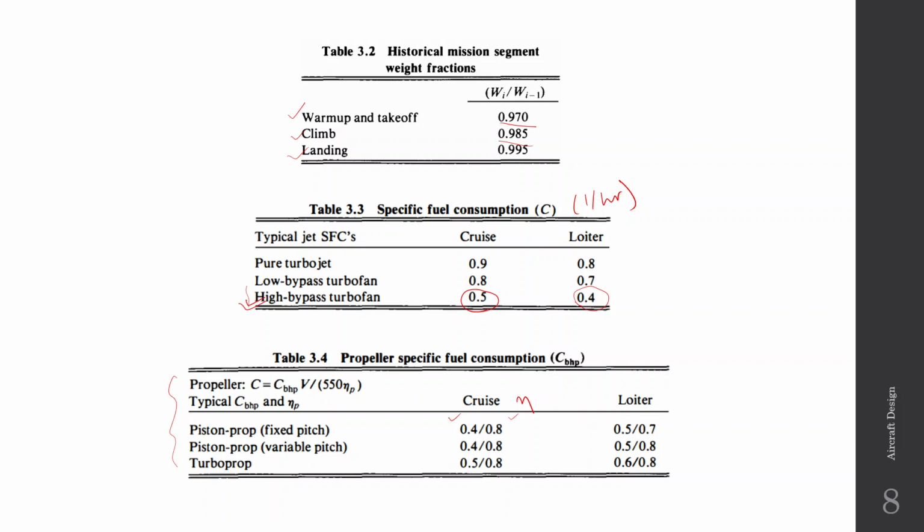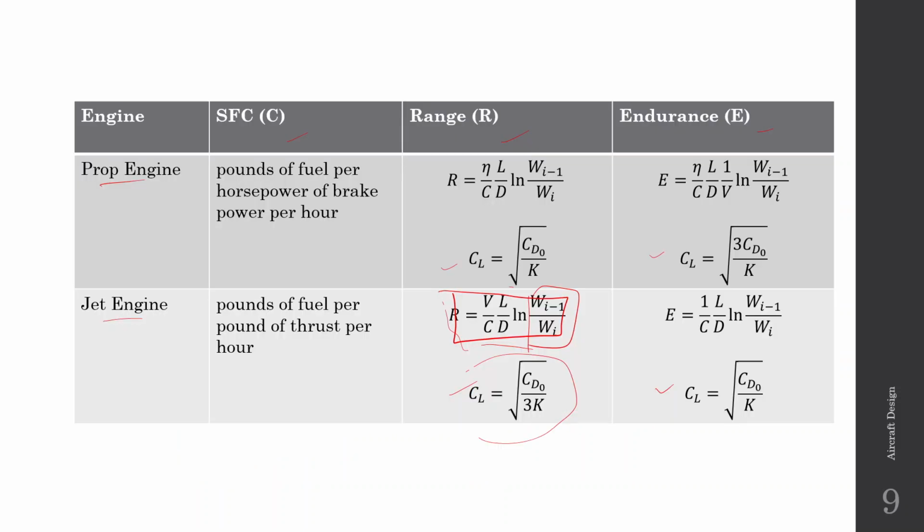Then we have these formulas for propeller engine and jet engine, the formulas for range and endurance. Range is how much distance and endurance is how much time.